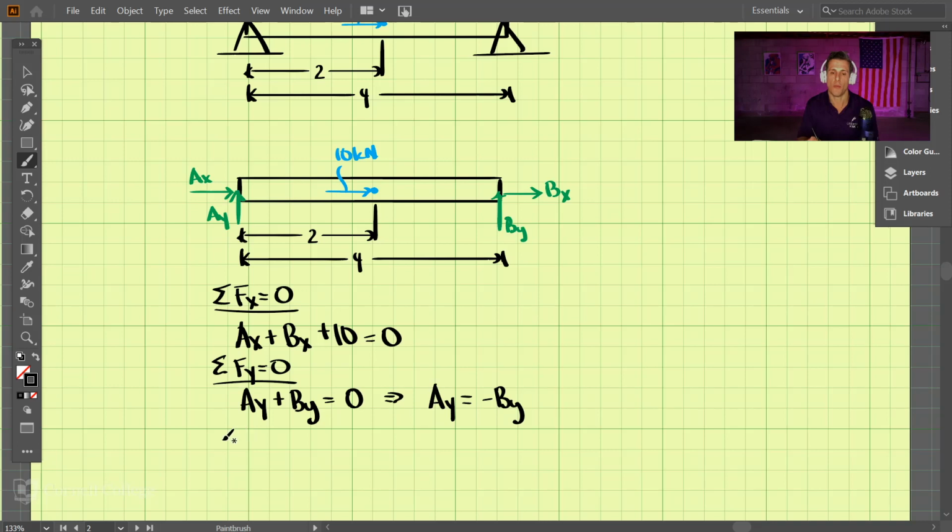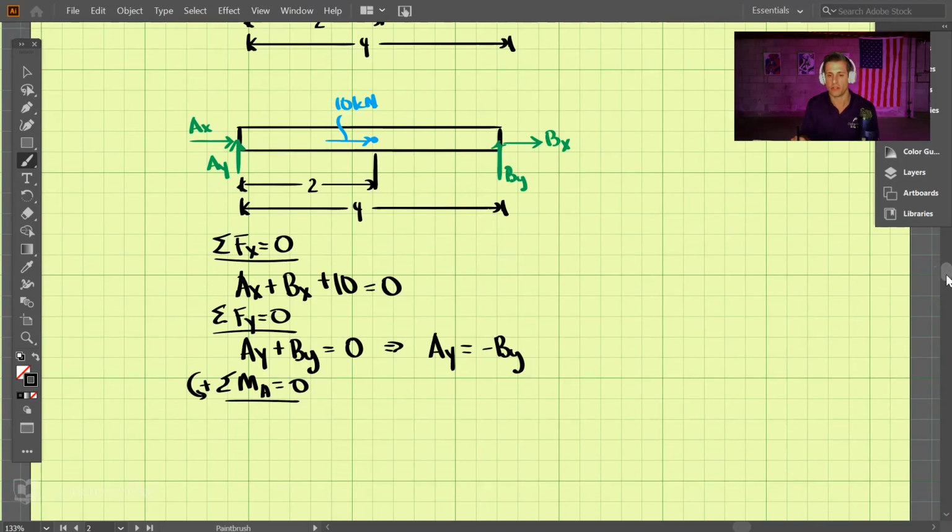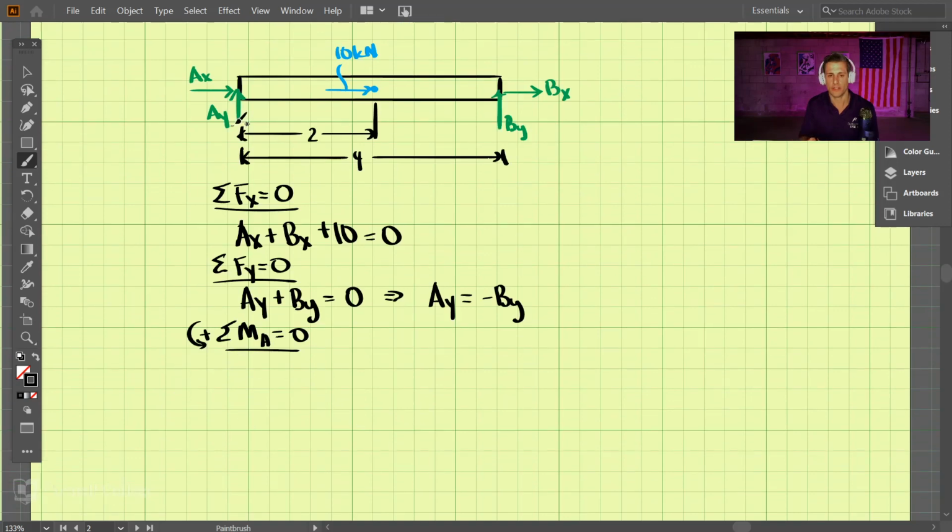Now let's take a moment, and I'm going to just choose the point at A, and we're going to call counterclockwise positive here. Solving this equation, we have BY, which is going to create a counterclockwise moment, which is going to be positive. BY, and then the distance there is 4.